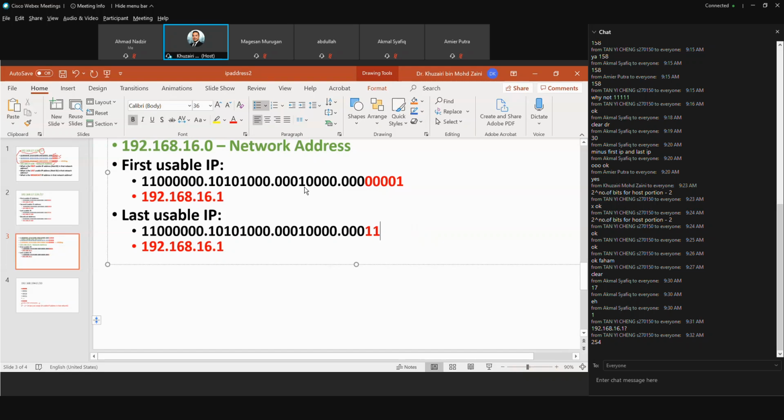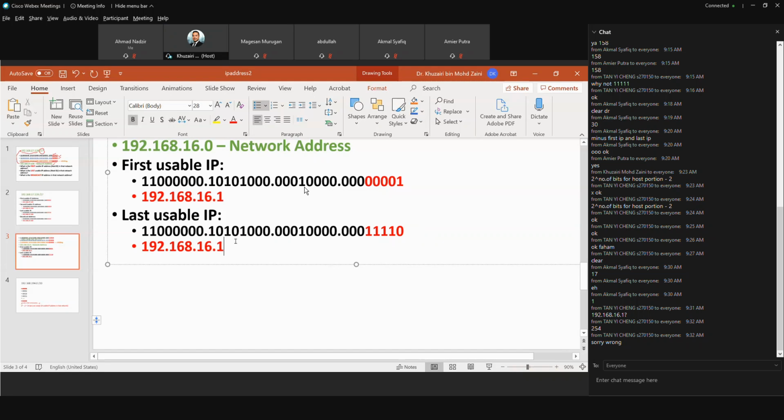Is there 2, 3, 4, 5, 6, 7, 8? So what does it become? The last usable becomes 16 plus 8 plus 4 plus 2, which is 30.